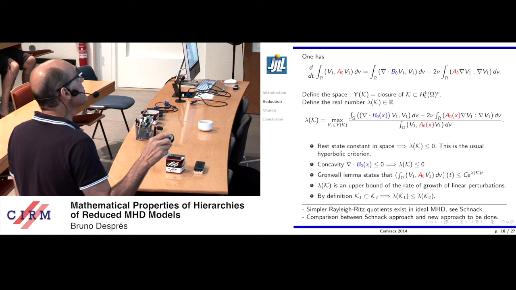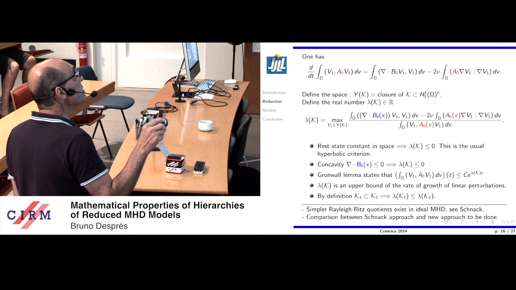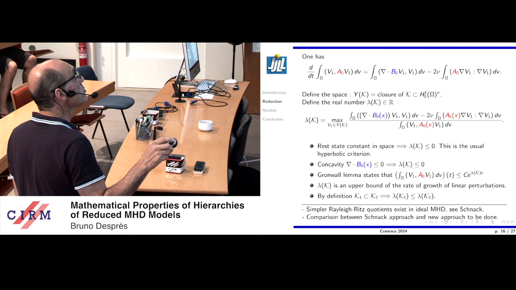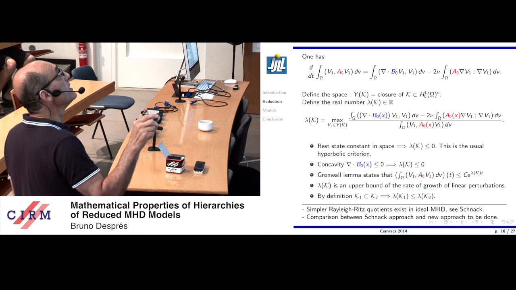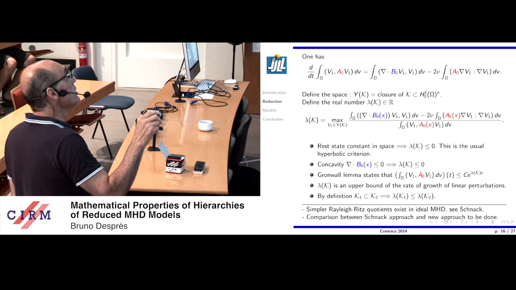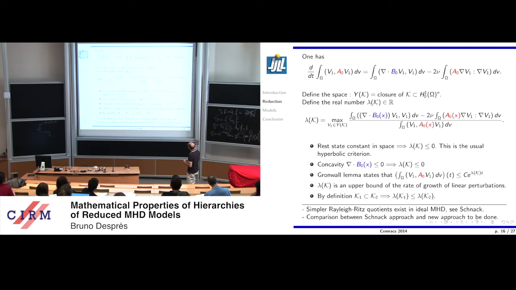No? Okay? But in any case, once lambda has been defined like that, by the Gronwall lemma, you will have that. I mean, the variation, you can integrate, okay? So you divide by this and you re-multiply by it. So the ratio is a Rayleigh coefficient. So you have that estimate, so it is exactly what I claimed: the maximal growth rate of the perturbation in the linear regime is bounded by that.